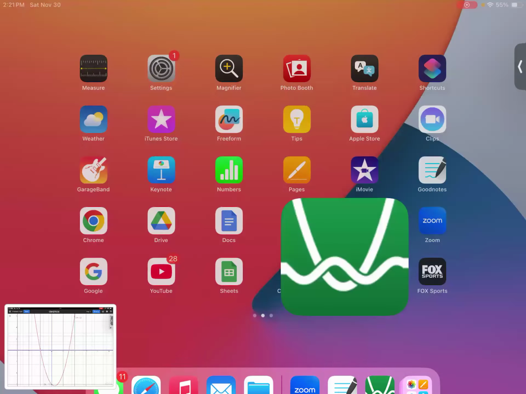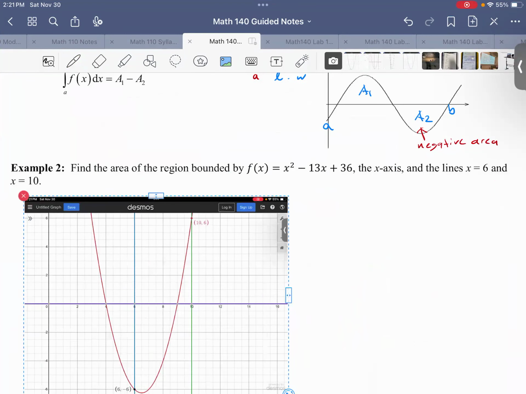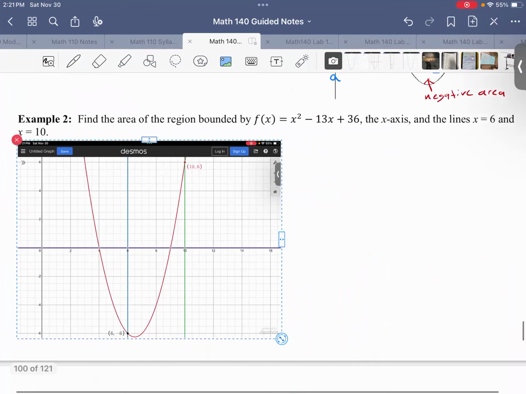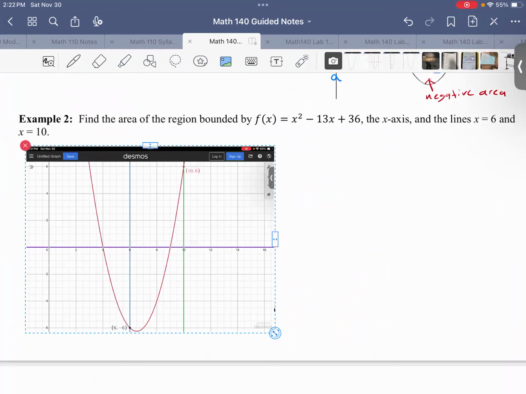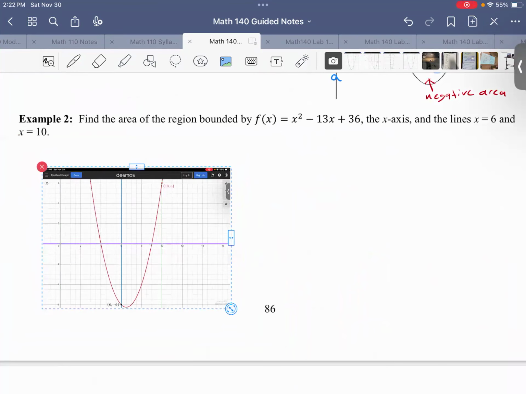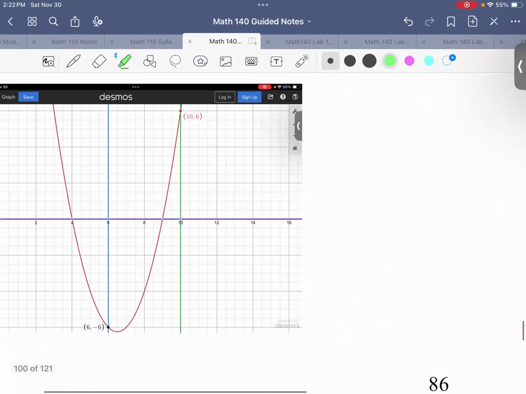Okay, let me jump back to the notes, and we're going to input this in. Okay, so it wants me to find this area, and I'm going to zoom in below. What this really means is I want to find the area of this shaded portion here. Here's a different shape, sorry.